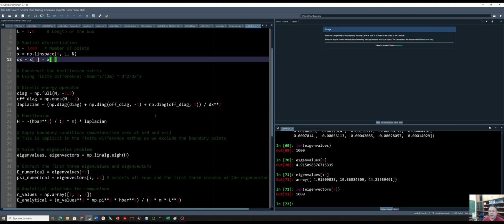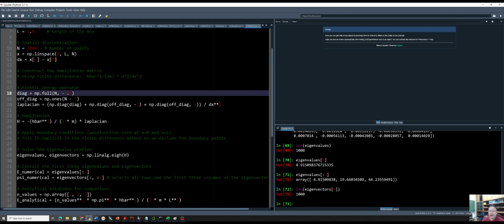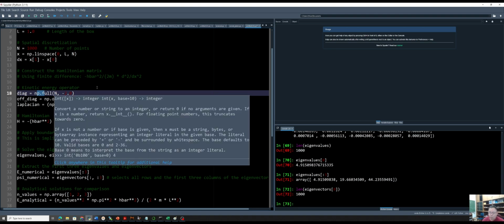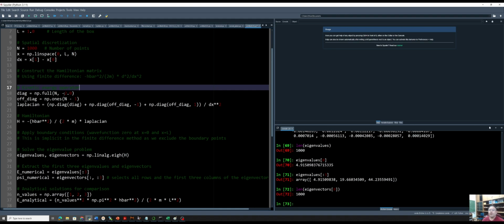So I need to define the kinetic energy operator. Here np.full(n, -2) means that I fill a 1D array of size n with -2. The off diagonal is defined as a 1D array filled with 1, with only n-1 elements.